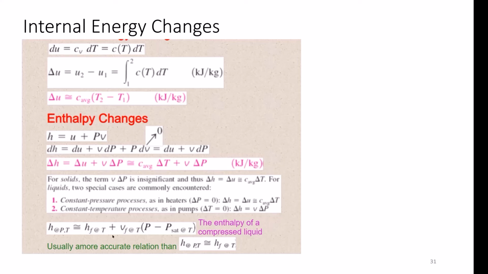And then we can represent enthalpy at a specific pressure and a specific temperature. Looking at the enthalpy of a compressed liquid, we can say it's approximately equal to the enthalpy of saturated liquid at some temperature, plus the specific volume at that temperature times whatever pressure minus the saturation pressure at that temperature.